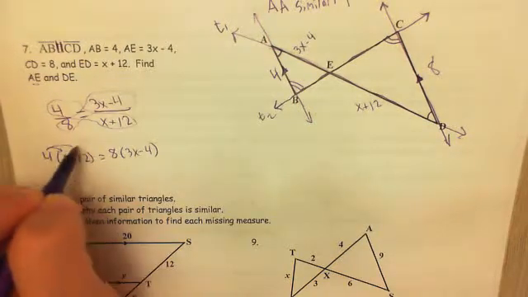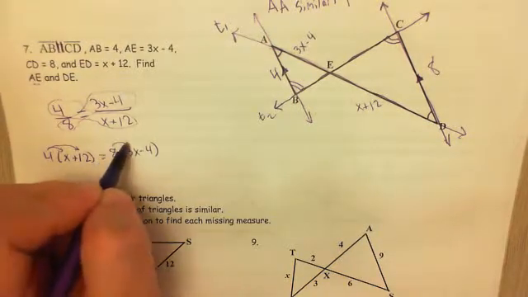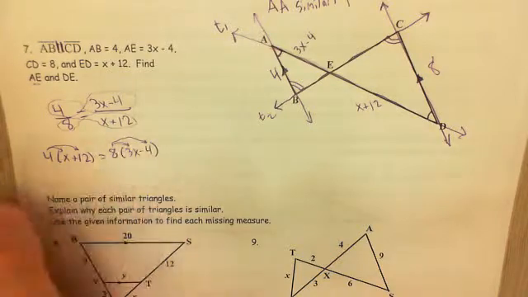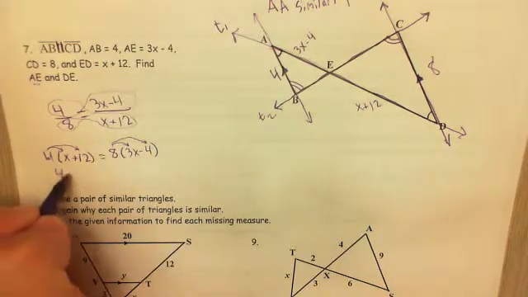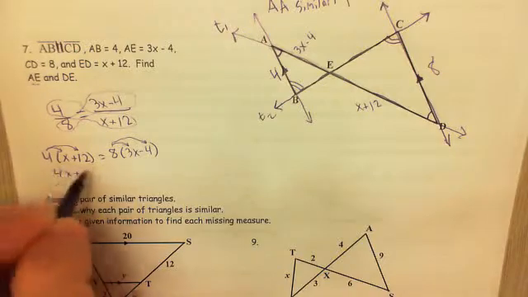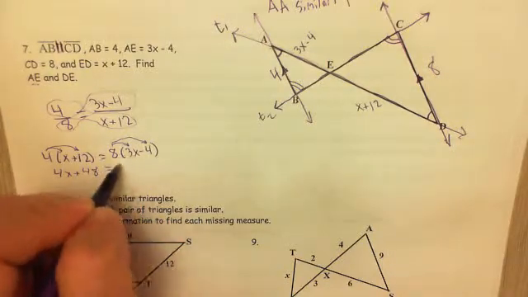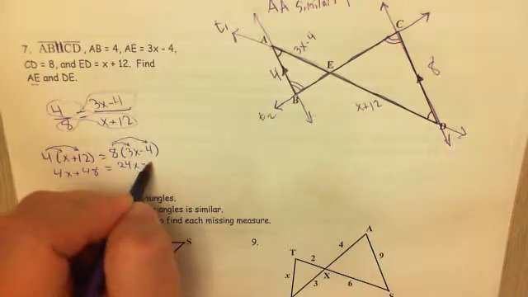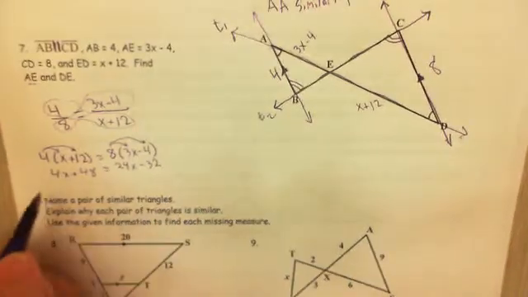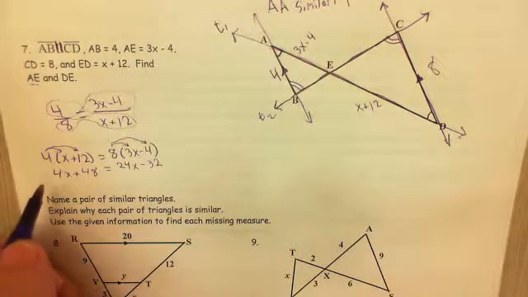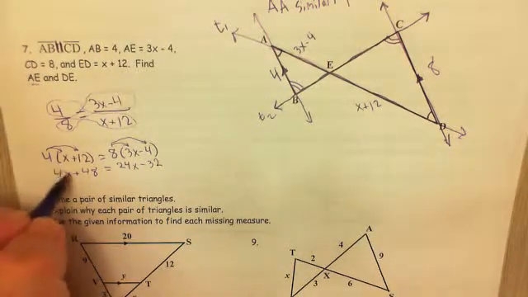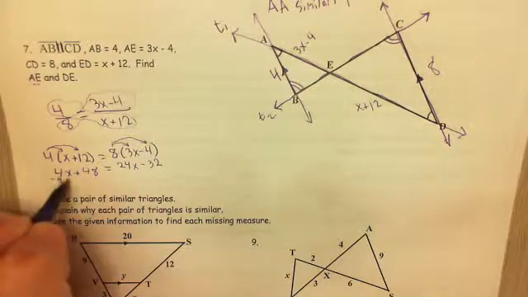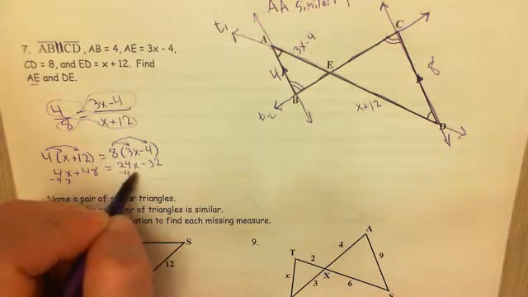So we have to distribute here, and we're also going to distribute here. So this is 4 times x is 4x, plus 4 times 12 is 48, equals 8 times 3x, which is 24x, and 8 times negative 4, which is negative 32. Alright, and so now it's just a matter of getting x by itself. So I will probably subtract the 4x on both sides.